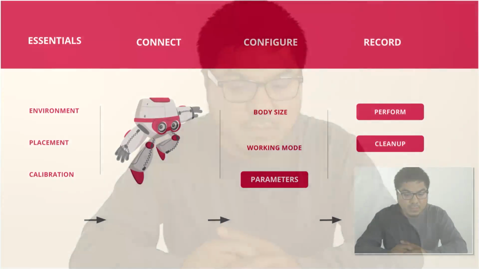That's the setup process of getting Axis Neuron. Once you connect Perception Neuron with your suit, you have the configure process of Perception Neuron.